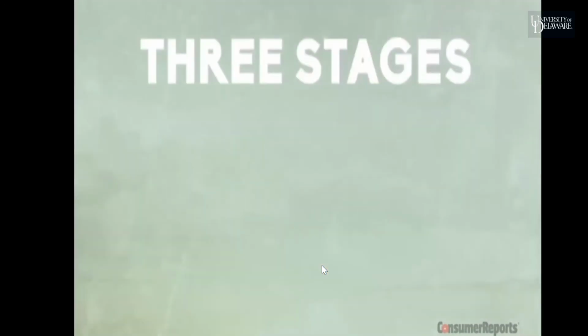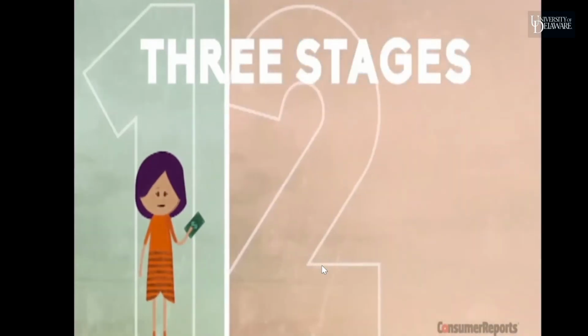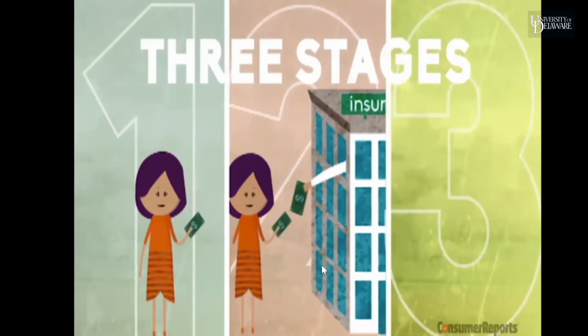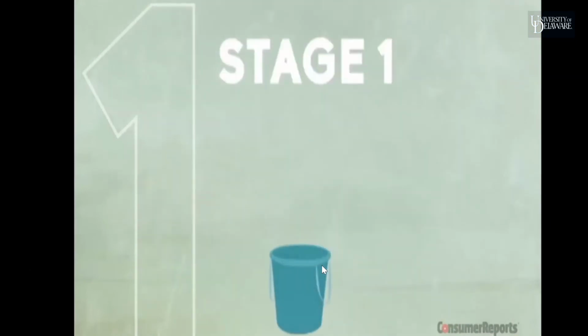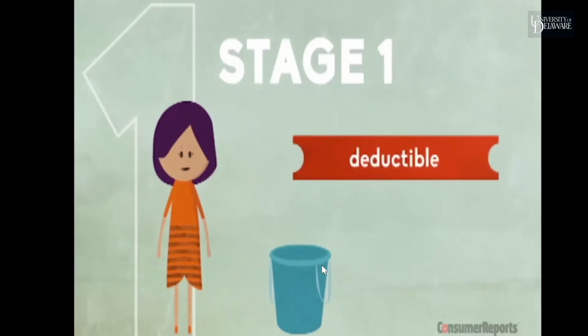There are 3 main stages. First, you pay. Then, your insurance pays some, and you pay some. And finally, your insurance pays everything. So how does this work? In the first stage, at the beginning of the year, you pay for most of your health care until you reach your deductible. Remember that word?